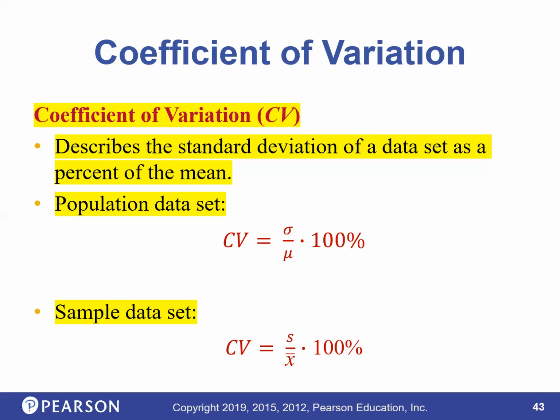Interesting, coefficient of variation is not on here. It's a slight minor thing, but if you want to prep for the exam a certain way, that's the way we do it.